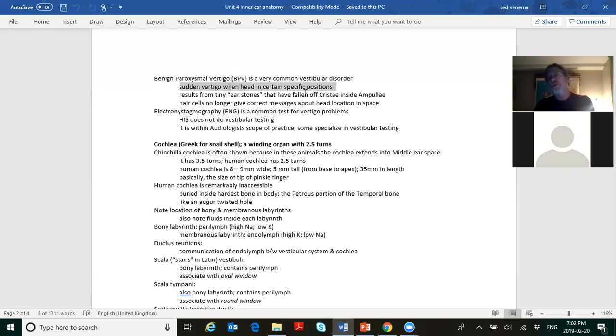Oh. You got a vestibular disorder. As soon as you turn your head in a certain direction, guess what? Your ear stones, those otoliths, have fallen off of the jelly. Okay, so now your hair cells are not going to be normally activated.